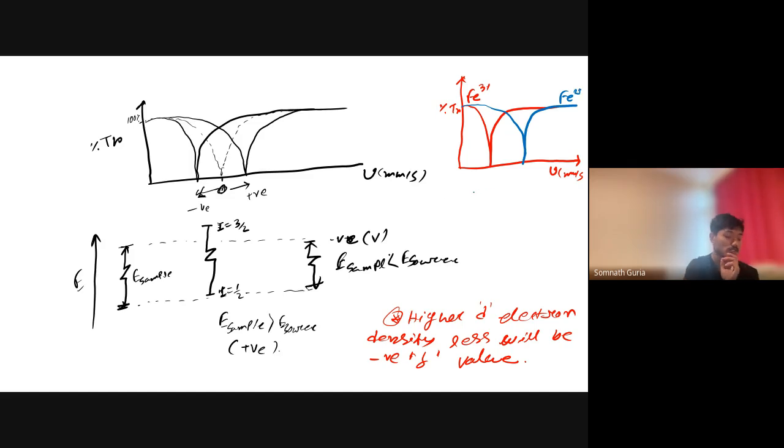So the lower oxidation state will be on the more positive side, and the higher oxidation state will be on the less positive, more negative side. That means vice versa. I'll show you one example over here.